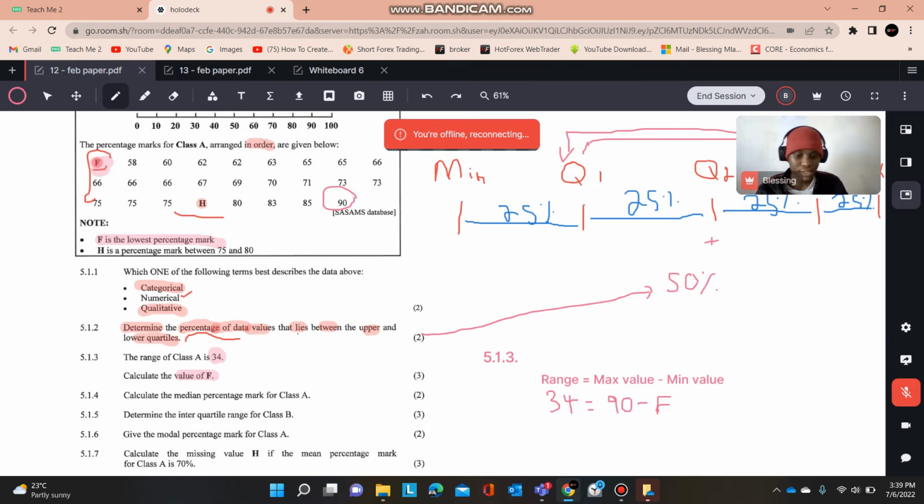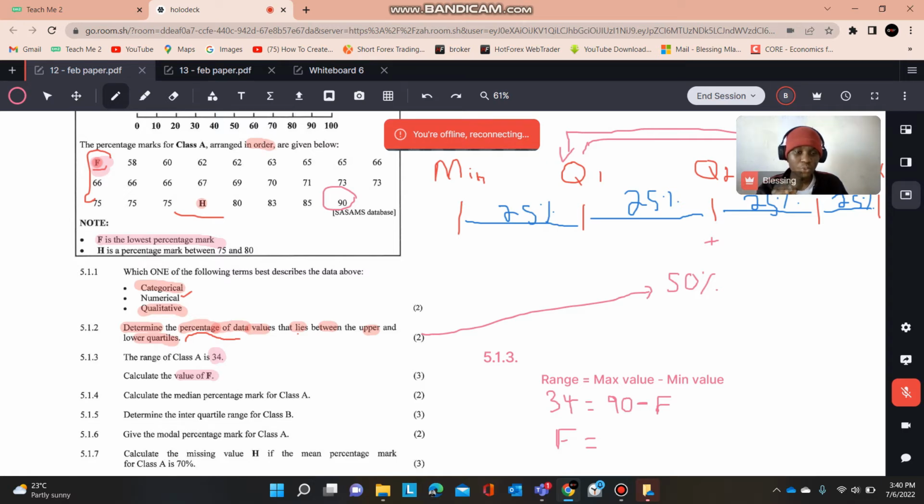To solve for this is simple. What you do is take this f to the other side of the equal sign. When you do that, it changes the sign from negative to positive. So when it comes this side, it's going to be positive f rather than negative f, because it went to the other side of the equal sign.